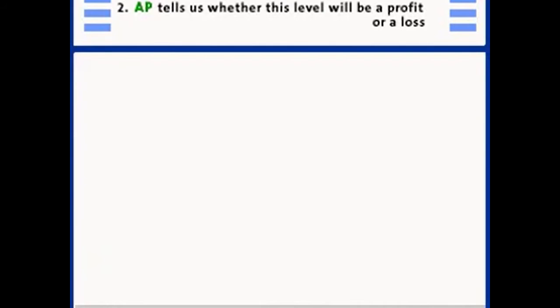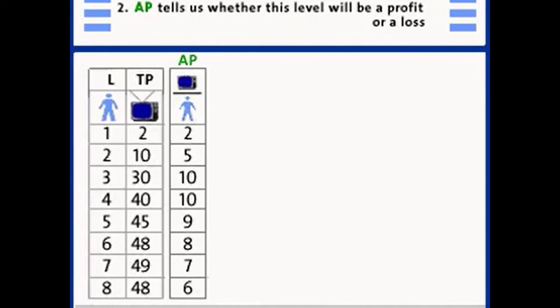So if we look back at the tables we've been looking at, the particular television firm we've been considering, if we have one worker producing 2 televisions, then on average workers are producing 2 TVs apiece. 2 workers producing 10 televisions gives us an average product of labor of 5 TVs per worker. 3 workers producing 30 has an average product of labor of 10. 4 workers producing 40, also an average product of 10. 5 producing 45 gives us 9 TVs per worker, and so forth, on down the list.